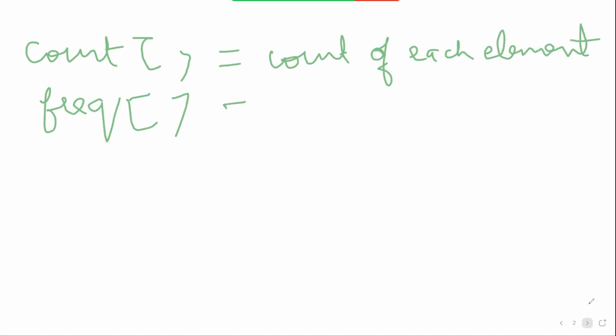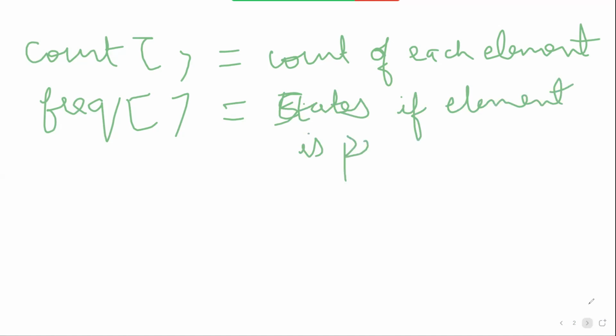And what does the frequency array do? The frequency array states whether an element is present with that frequency or not, for example, with frequency 1 there exists an element or not.